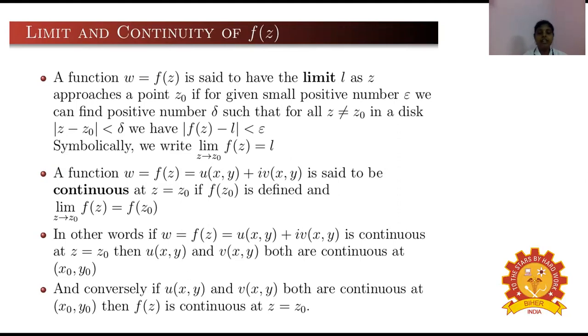Symbolically, we can write it as limit z tends to z0, f of z equal to L.